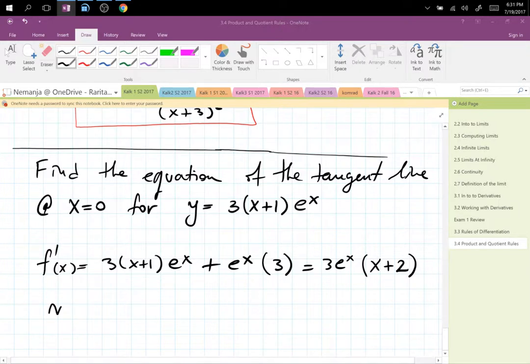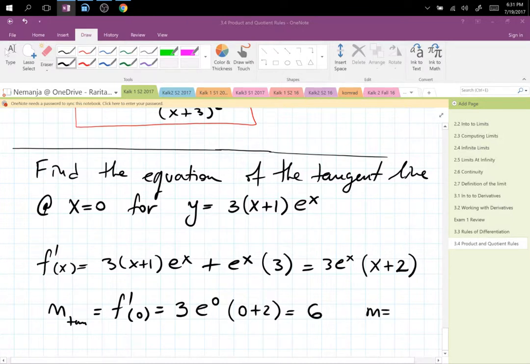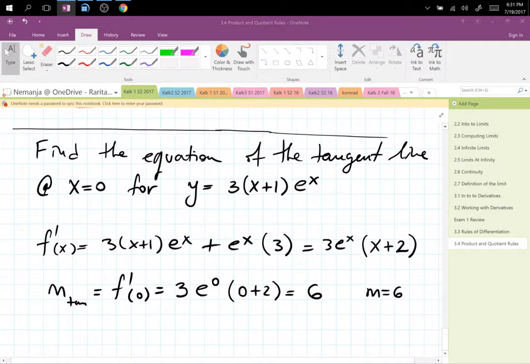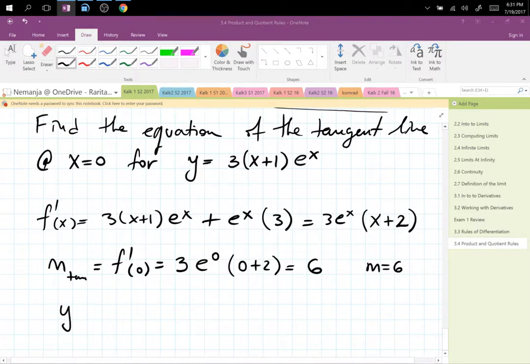Now, the slope of the tangent line is the first derivative computed, in this case at 0. So that's going to be 3e to the 0 times 0 plus 2. And that's 3 times 1 times 2 is 6. So slope is 6. We plug in 0 in the original equation to find the y value, which is going to be 3 times 0 plus 1 times e to the 0, which is 3.